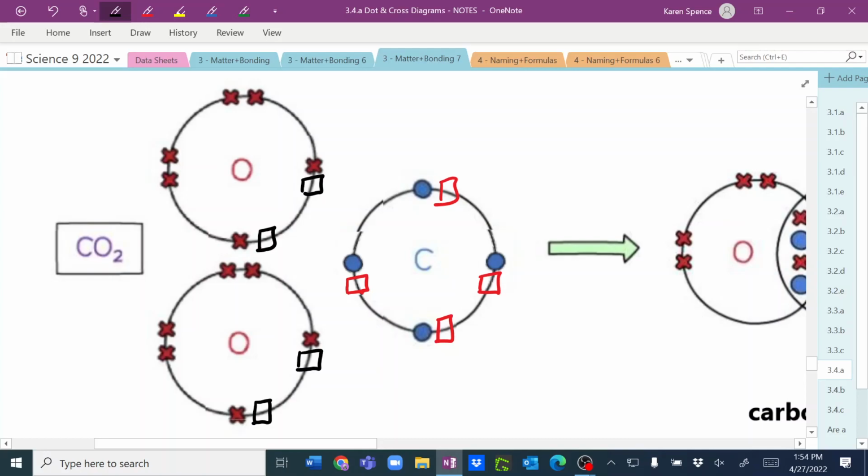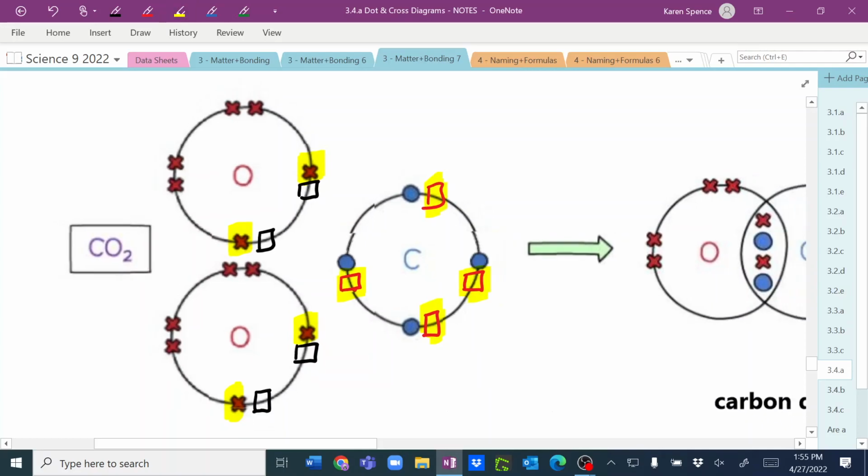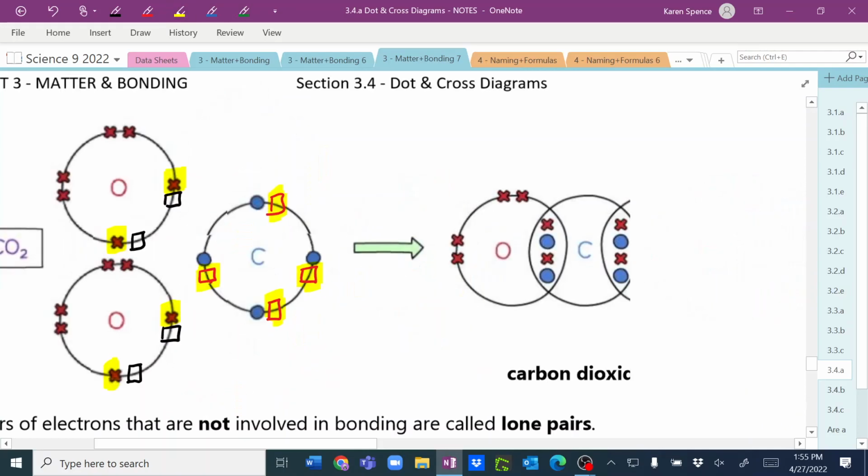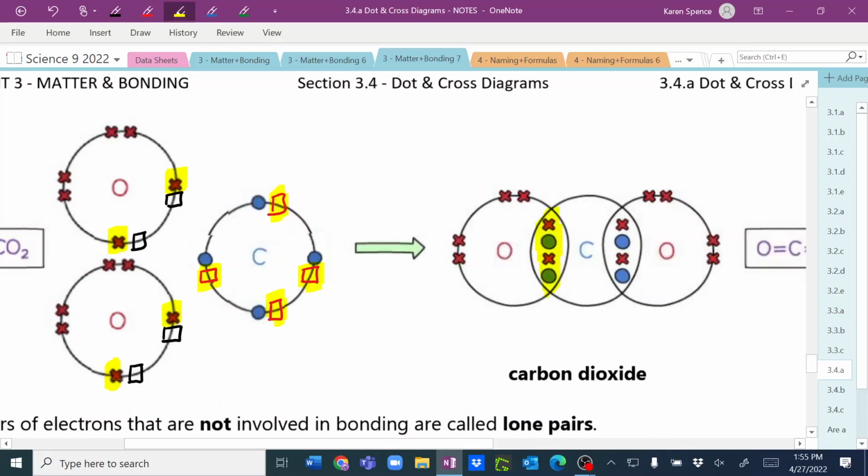So in order for everybody to have the right number of electrons, each oxygen is going to have to share 2 electrons to fill in the holes in the carbon, yes? So what we'll end up with is 2 electrons from oxygen A, the X's, and 2 from the carbon, then 2 electrons from oxygen B and 2 from the carbon.